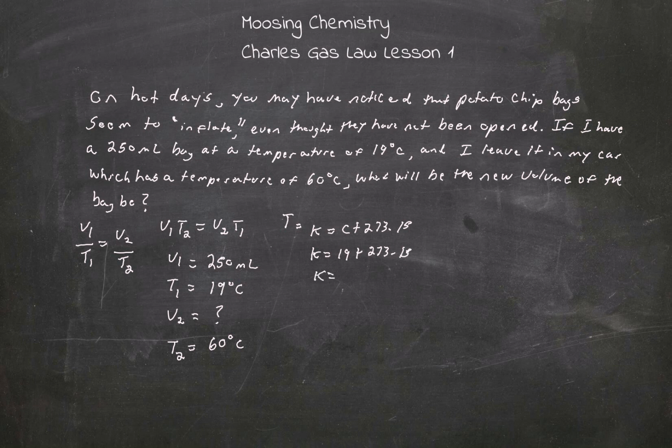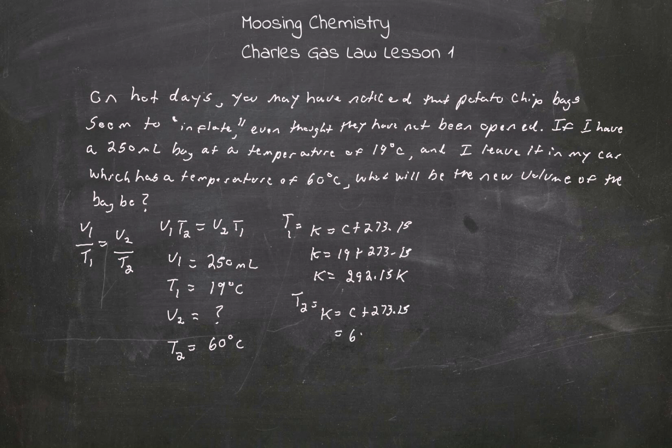So K is equal to 292.15 K. Okay, our T2, K equals C plus 273.15.